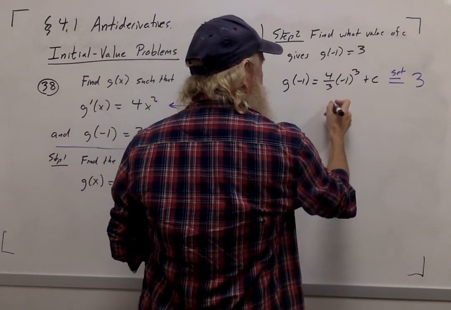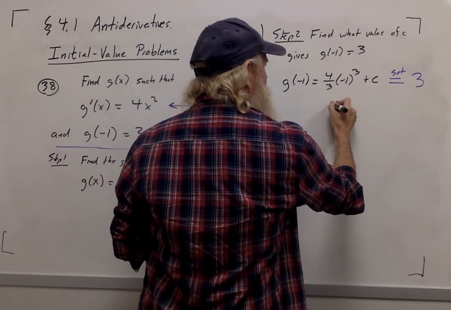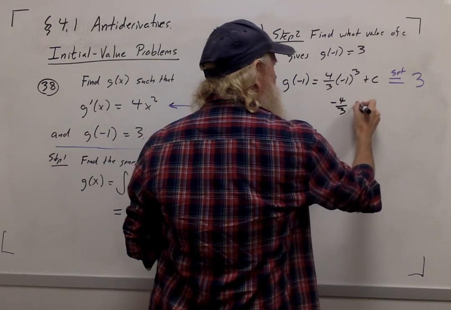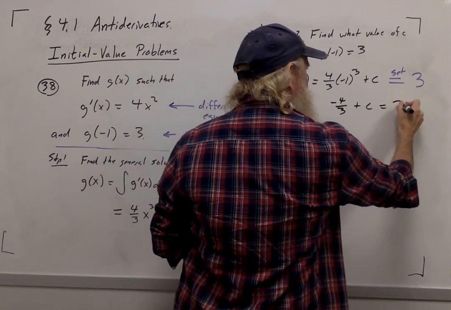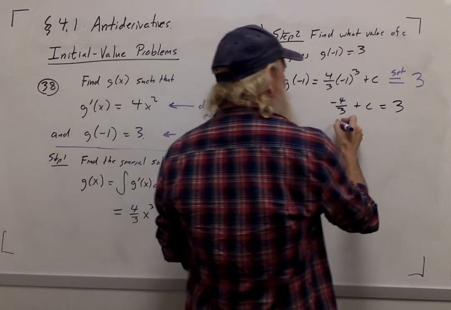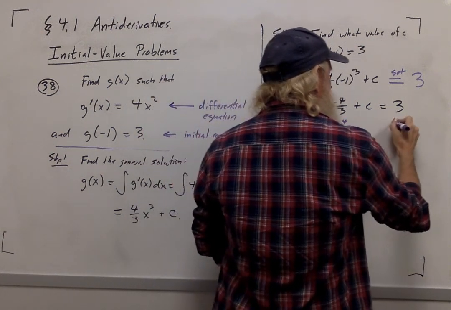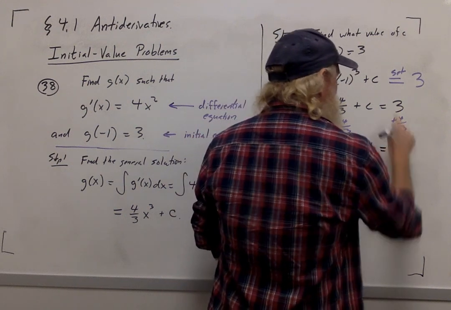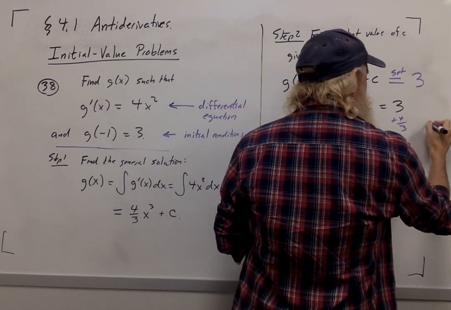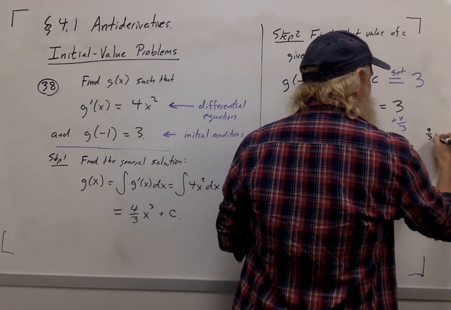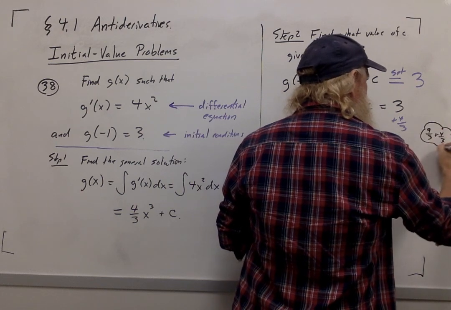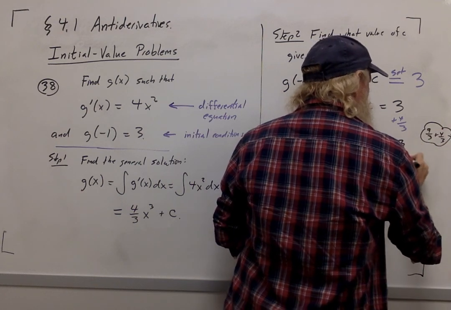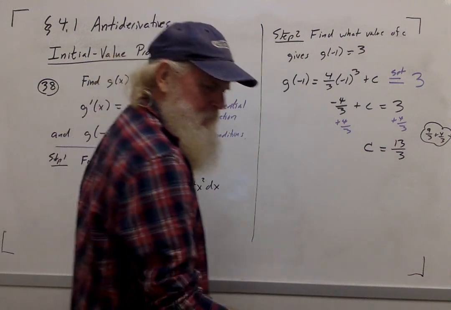Let's simplify. Negative 1 cubed is negative 1. So negative 4/3 plus c equals 3. And then we can add 4/3 to both sides. Notice that 3 plus 4/3 is the same as 9/3 plus 4/3, which is 13/3.